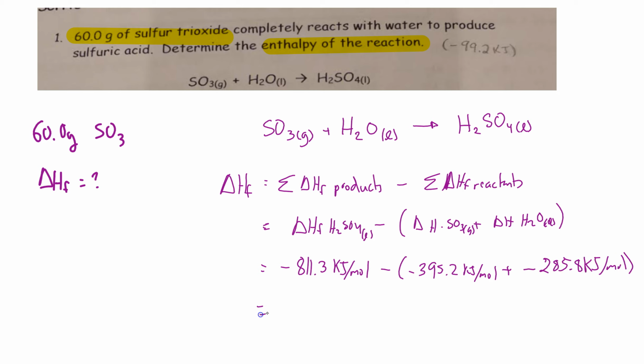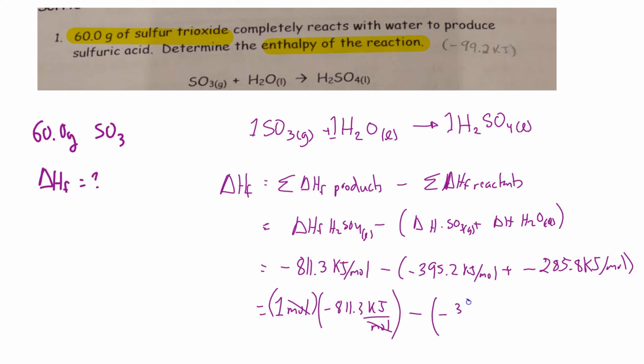Now all we have to do, since there's only 1 mole of each, is multiply all these by 1 mole. So it's 1 mole times negative 811.3 kilojoules per mole, so the moles cancel each other out.